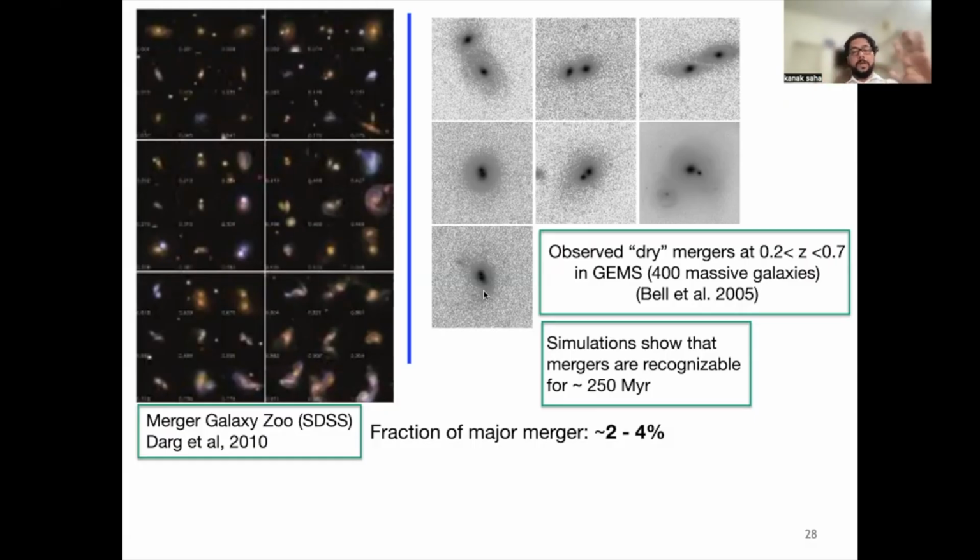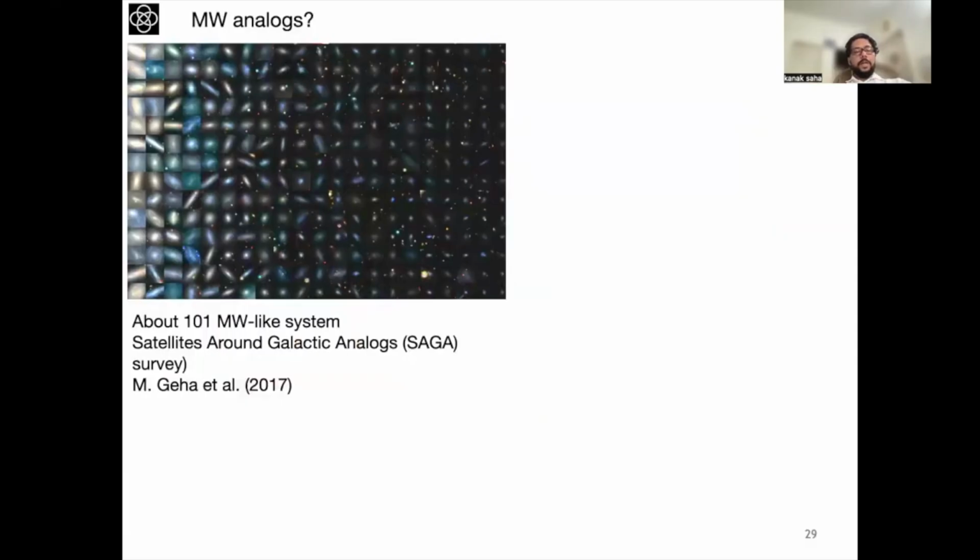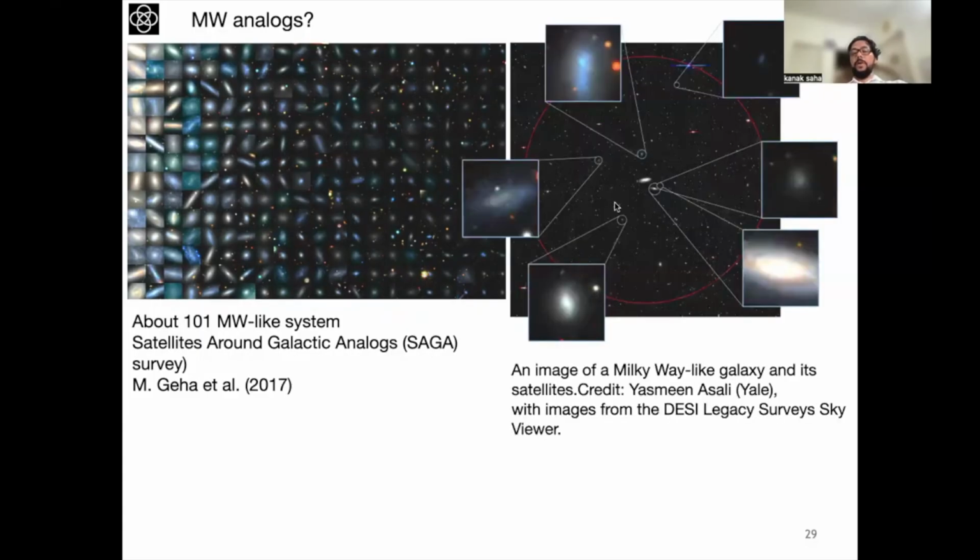So possibly the galaxy might be merging more frequently, not just major mergers, but smaller galaxies might be merging more frequently. Now, there are also studies that have tried to look for Milky Way-like systems, and this is a very interesting study of satellites around galactic analogs, the SAGA survey, which found 101 Milky Way-like systems, and one of the Milky Way-like galaxies has about 6 satellite galaxies going around.